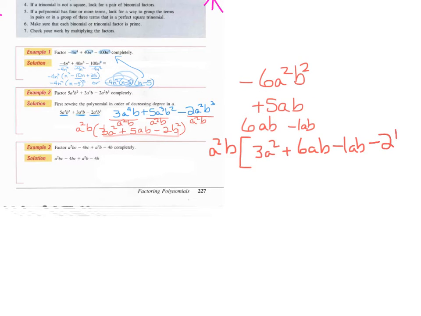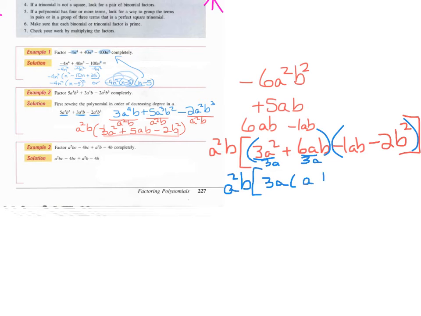And then finally the last term that was there. So now I can make my groups. And I'm going to look for a greatest common factor of each of my groups. So let me put my original GCF out here. My GCF of these 2 terms is going to be 3a.